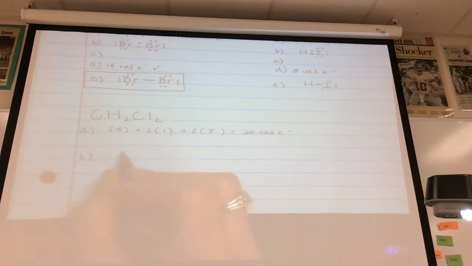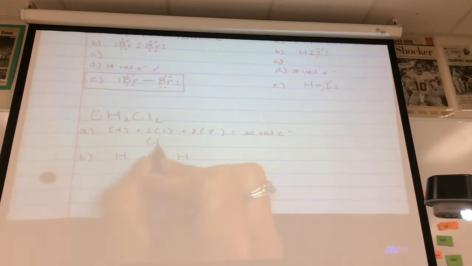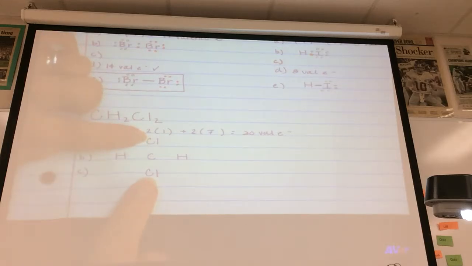Carbon, and that's a great central atom. There's my skeletal structure. Typically, the more electronegative atoms will be placed as far apart from one another as possible, but if you had interchanged these two, that's okay.